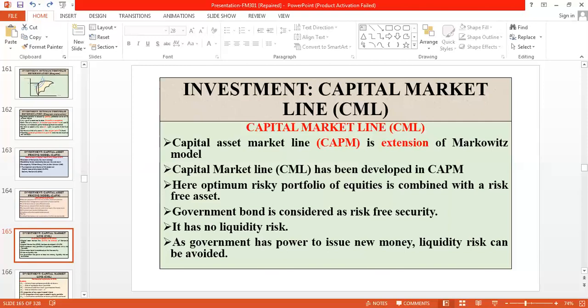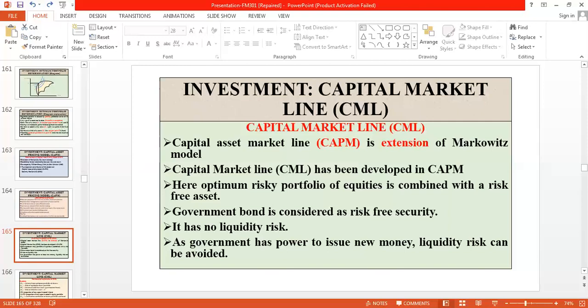It has no liquidity risk, meaning the interest and maturity amount will be paid in time, and the government has the power to issue new money. Liquidity risk can be avoided. Since it is a risk-free security issued by the Government of India, and the Government of India has the power of issuing notes, we can assume there will be no liquidity problem.